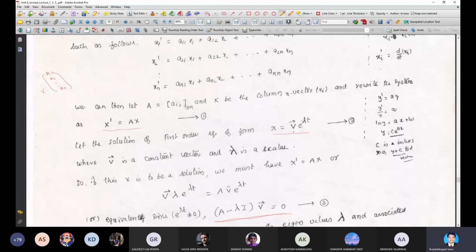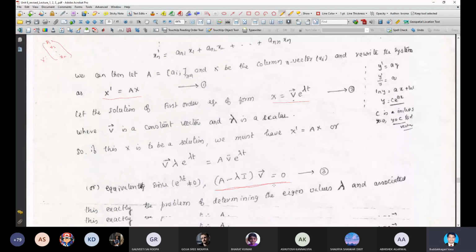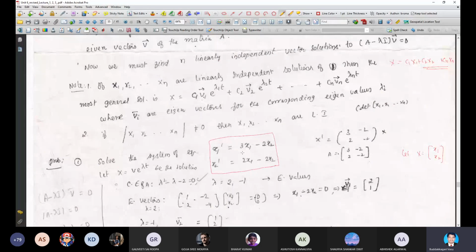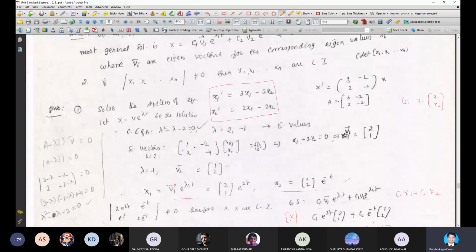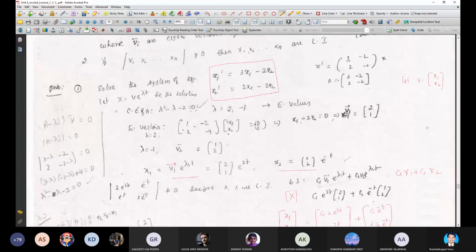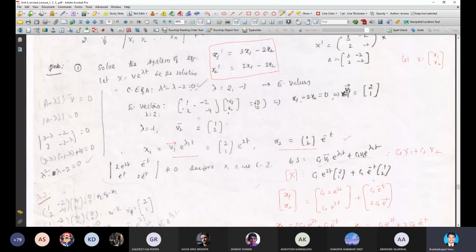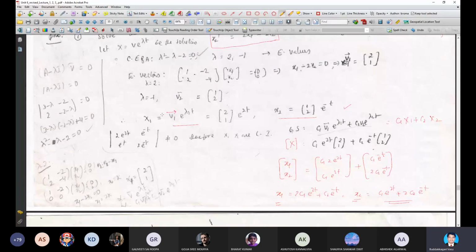That is, first write down its matrix form with the solution vector x is equal to x1, x2, then find out eigenvalues and corresponding eigenvectors. That solution will be v1 bar, the eigenvector, into e power lambda 1 t. Okay, any doubt in this? The same way you can do the problems.